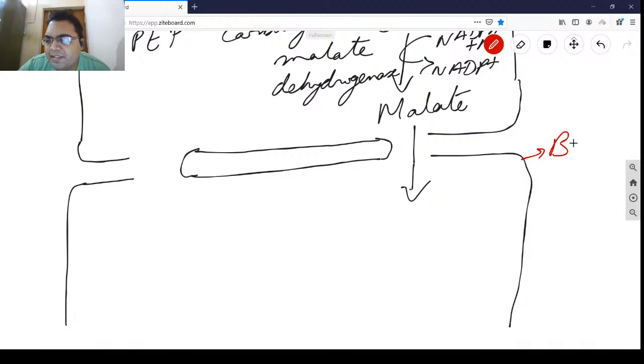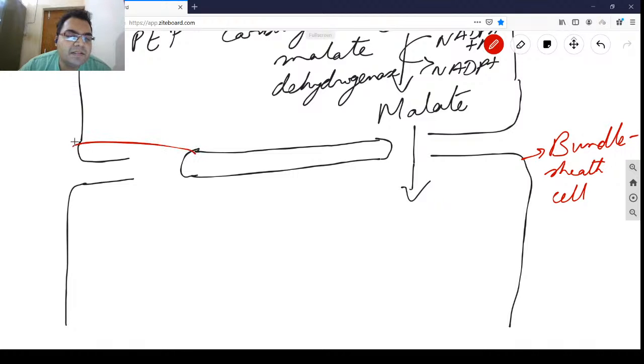This is the bundle sheath cell. This is your plasmodesmata, the plasma membrane connections. Now malate has reached here.